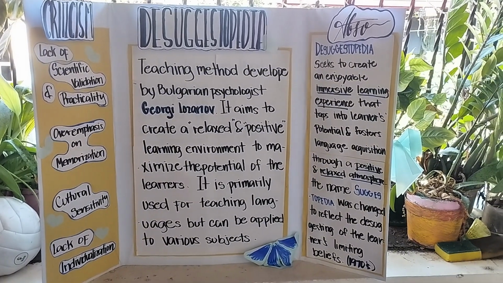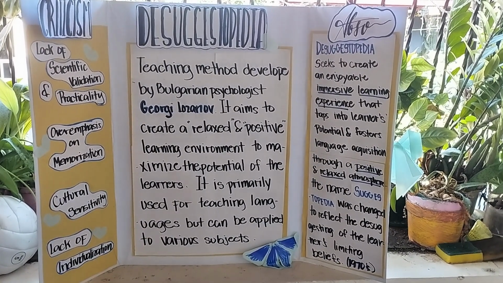When Lozanov first developed the method, he used the term Desuggestopedia to highlight its focus on desuggesting, or removing, negative psychological barriers, such as anxiety and self-doubt.